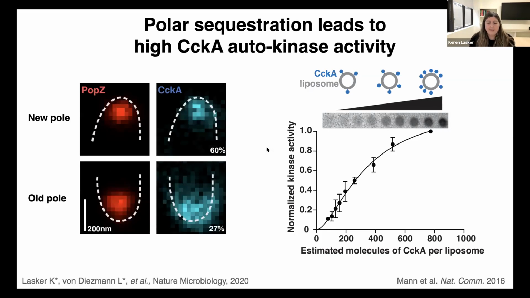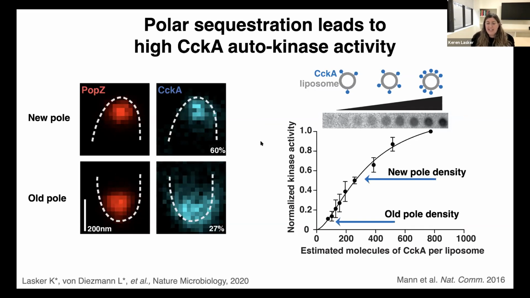So when we went back to our single molecule experiments with Lexi, we reconstituted single CckA molecule localization for many cells. We observed that PopZ defines a clustered zone of CckA, meaning that the CckA cluster is defined by where PopZ is. It's not going to extend. And the surface density of CckA is highest at the new pole microdomain.